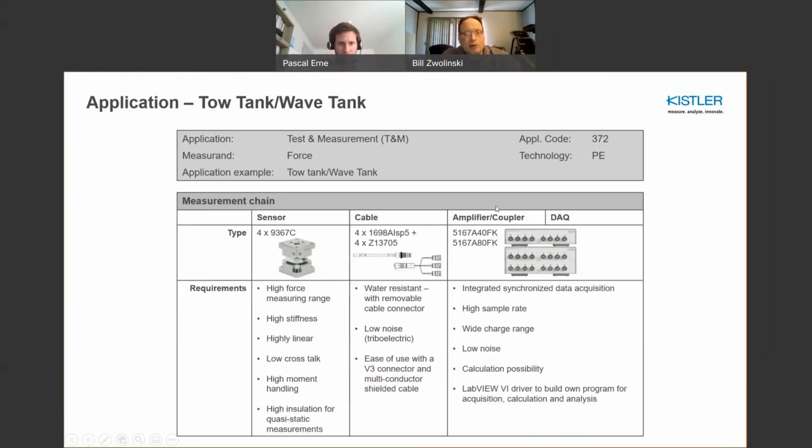And certainly with these systems, there's a reason for choosing each one based upon the actual loads you expect, the depth that the model might be at, and what type of protection is needed, IP68, for example. And the charge amp we would typically use for tow tank and wave tank is a quasi-static amplifier, which can measure DC as well as dynamic signals.